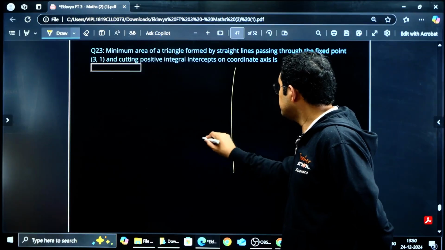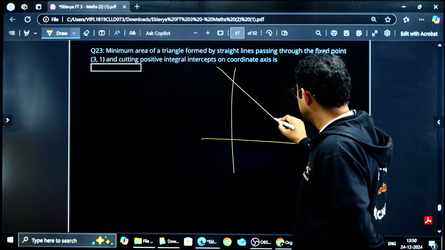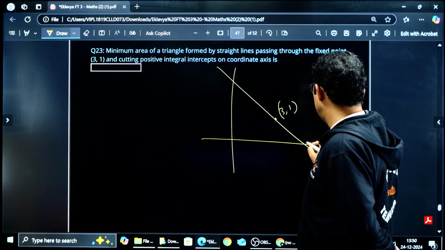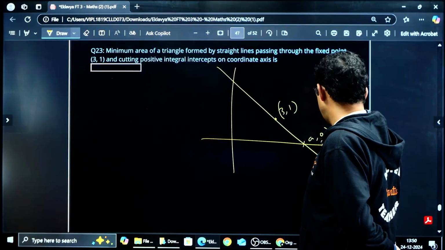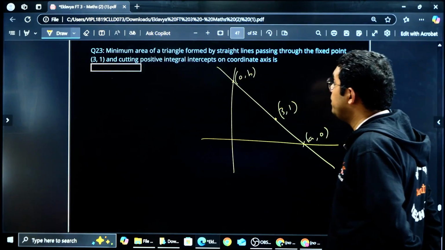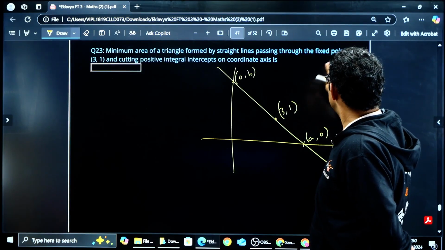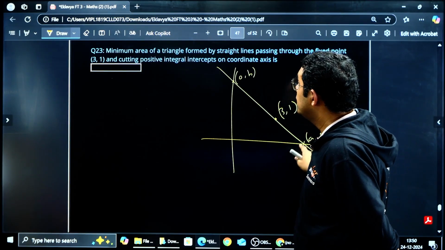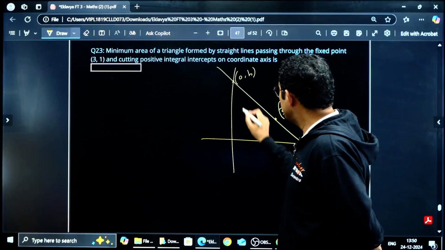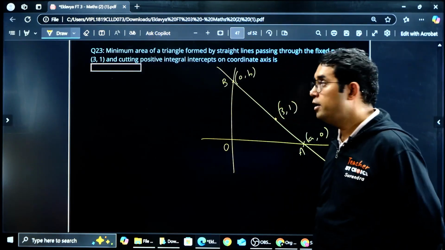Now please see, if we are given 3, 1 point like this, which is cutting positive integral intercept a, 0 here and 0, b here, let us say, and we are asked the minimum area of triangle formed by straight line passing through fixed point 3, 1 and cutting positive integral intercept on coordinate axis. So this is the area which we are looking for. OAB is the area we are looking for.